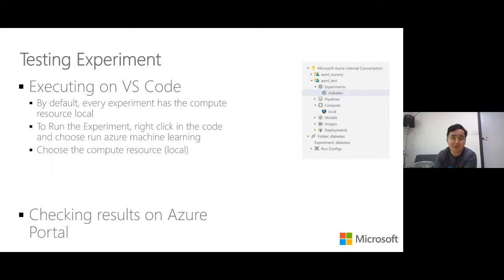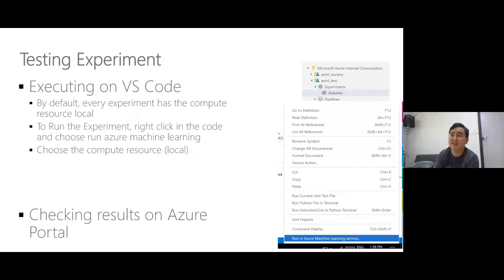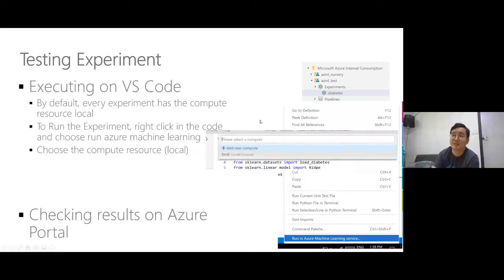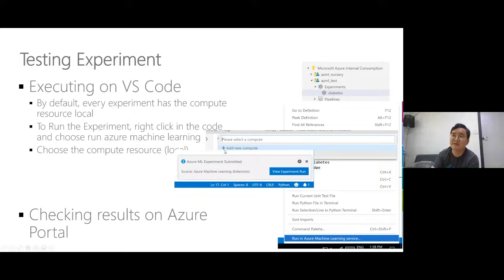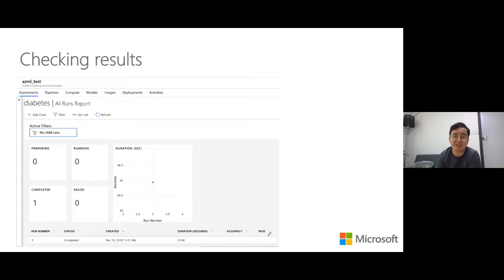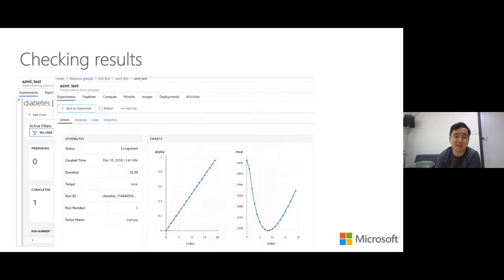You can also select a target compute, which is prepared on Azure Machine Learning Service. After an ML experiment is submitted, you can check the experiment run on Azure, and also check results in the Azure Machine Learning Service Workspace this way.